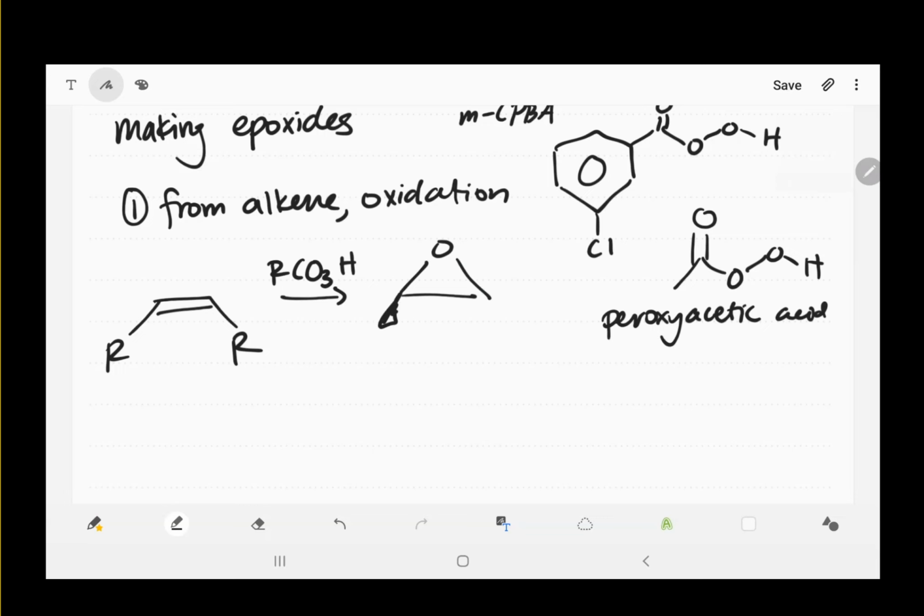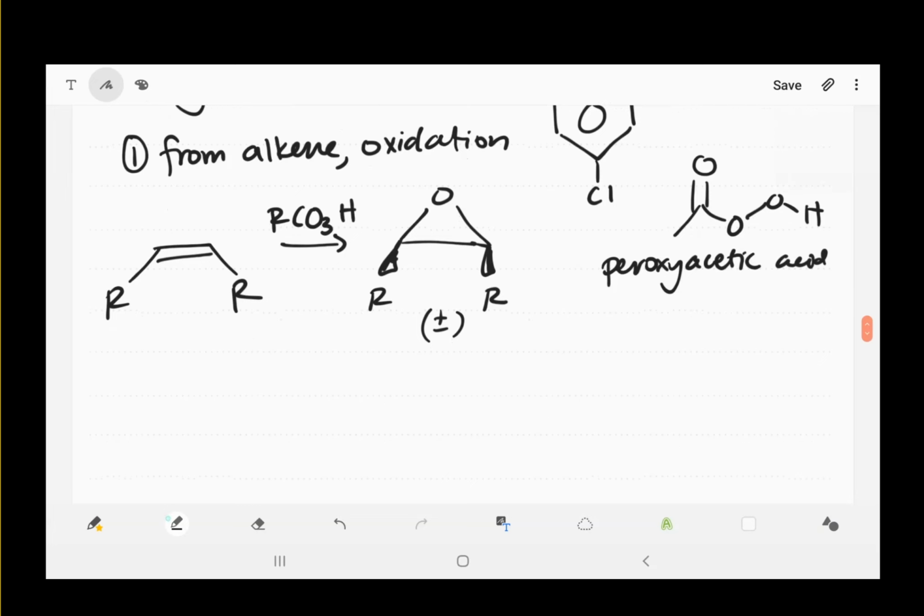And what's important to note here, if this was a cis alkene before, those substituents still remain cis to each other in the product. So now as the epoxide, they are still going to be cis to each other. They may be wedges or dashes because, remember, since the alkenes are flat, you can go from either side. But the important thing is they stay the same relationship to each other.